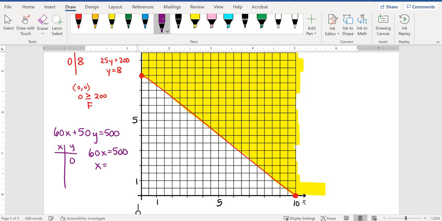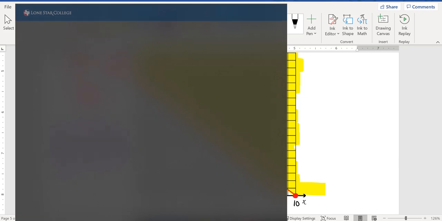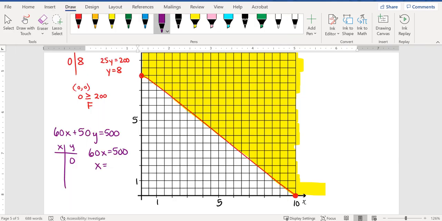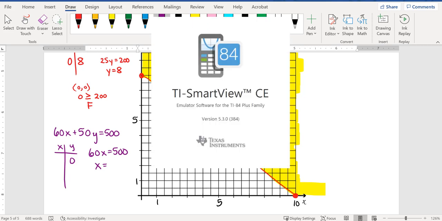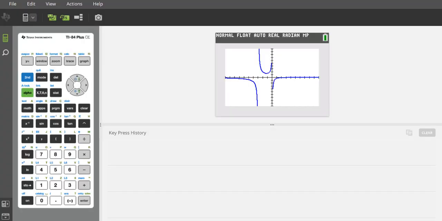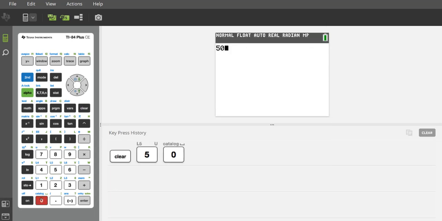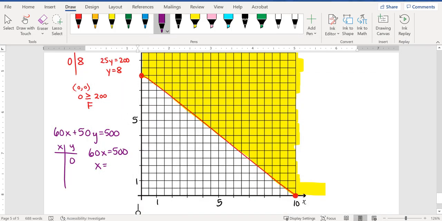So x would be 500 divided by 60, which is 8 1/3.